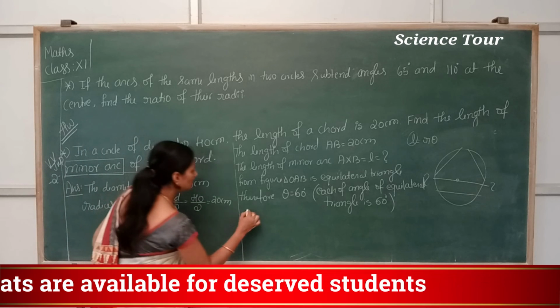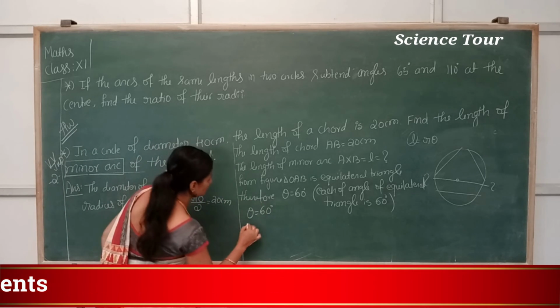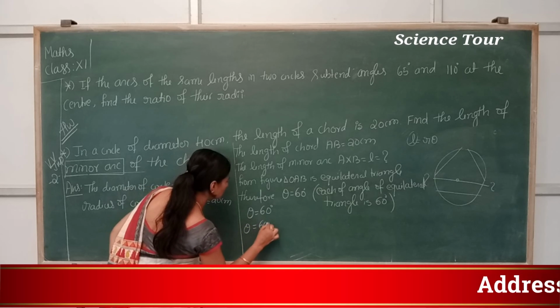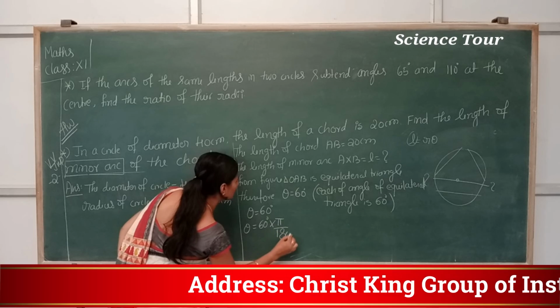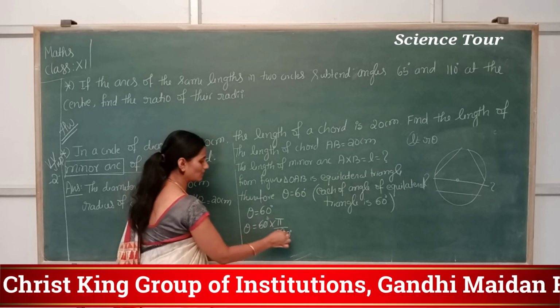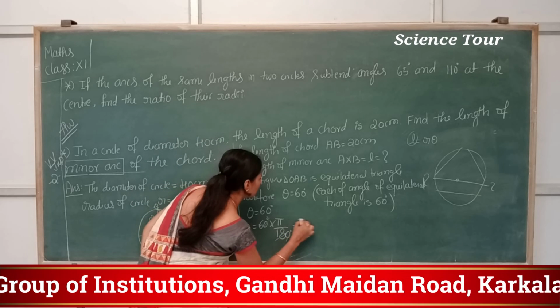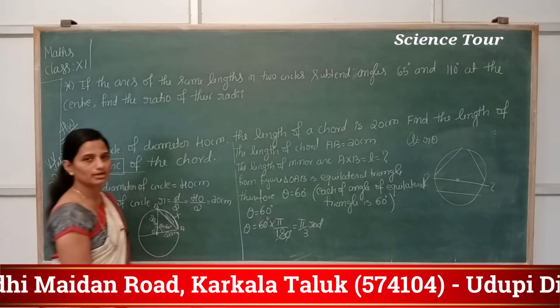So now theta is 60 degree, right? Convert that to radian. Theta is equal to 60 into, how to convert to radian? Multiply by pi divided by 180. So 0 cancel, 6 ones are 6, 6 threes are 18. So it is pi divided by 3 radian.